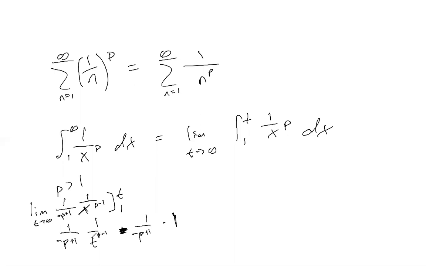So if p is greater than 1, this limit's going to go to 0. This is going to be a finite number, so the integral will converge. On the other hand, if p is less than or equal to 1, the integral is going to diverge. So convergent in this case, divergent in this case.